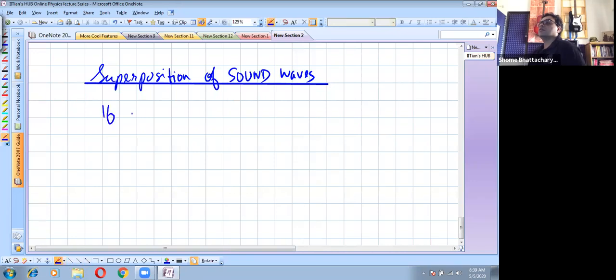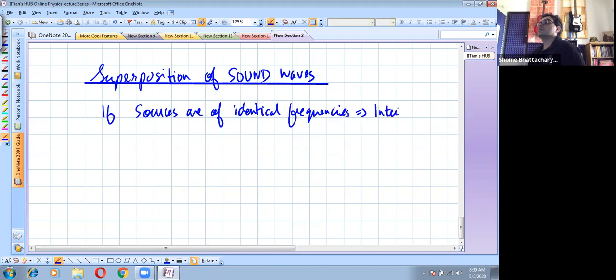If sources are of identical frequencies, the effect is called interference.